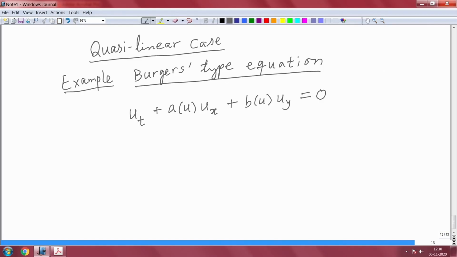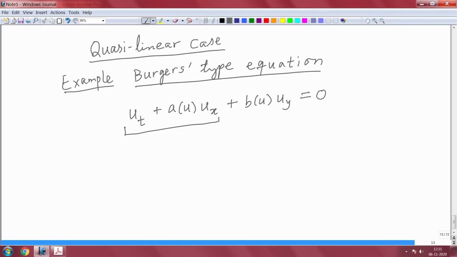You have already seen this part, that means only in two variables, and you have seen that, for example, if you take a equal to u, in comparison with the linear equation, however smooth the initial condition is, we see that the solution develops singularities at a finite time. Okay.